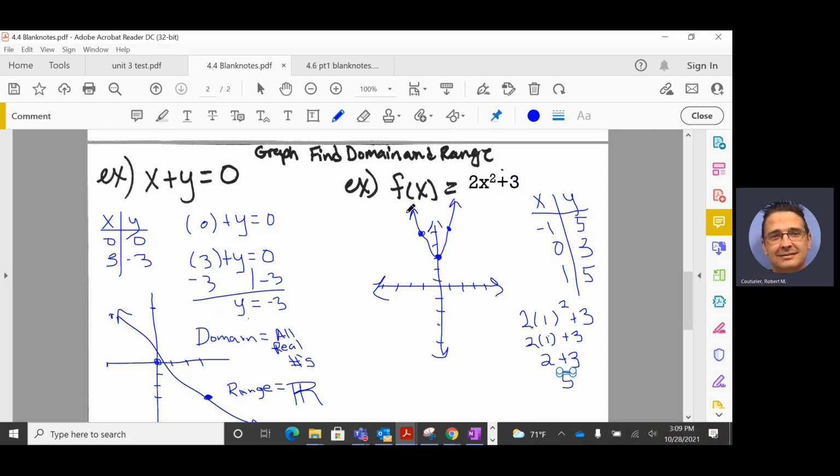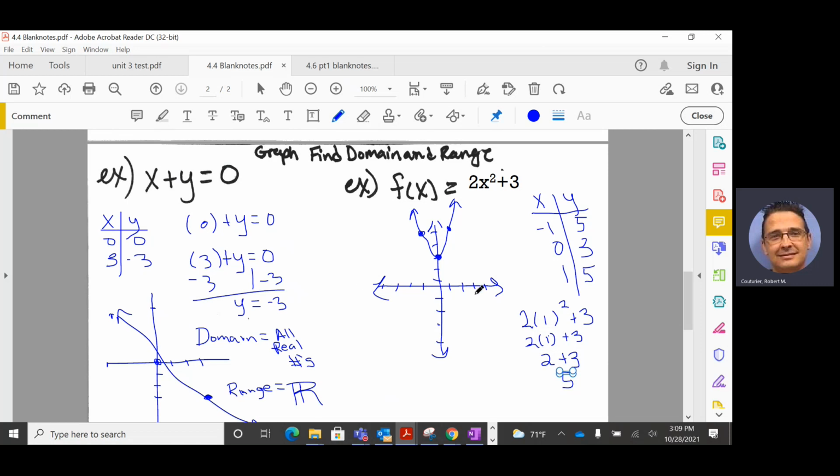So this graph is going up in this direction and slowly getting bigger and bigger and wider and wider forever and ever and ever in the left direction. And it gets bigger and bigger and bigger on the right hand side.